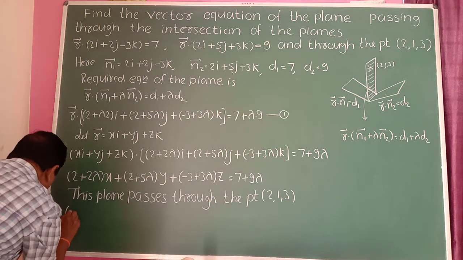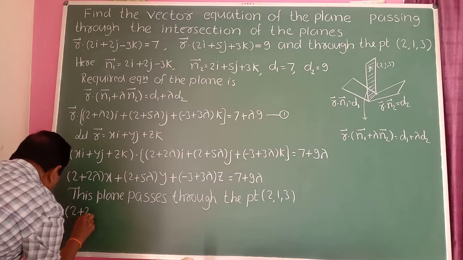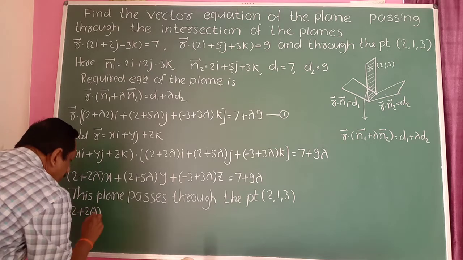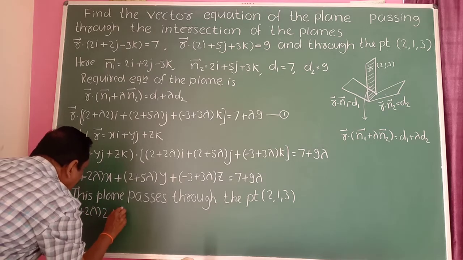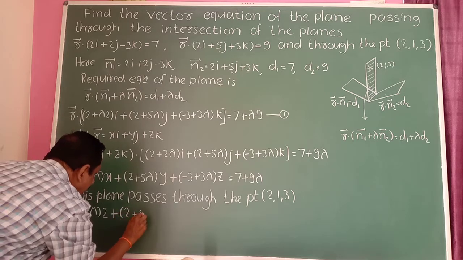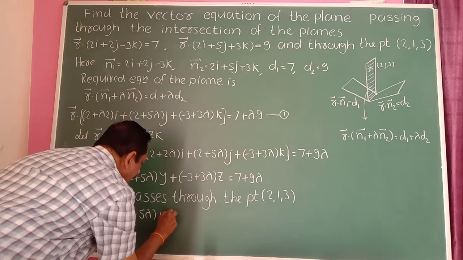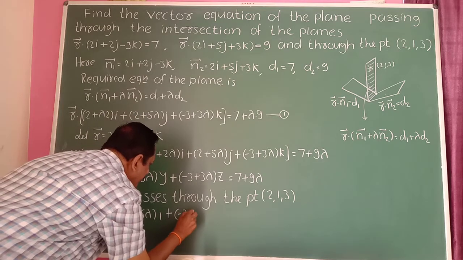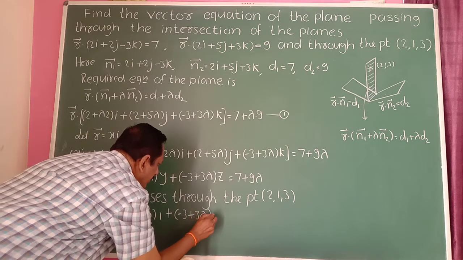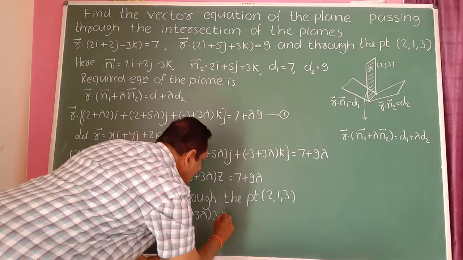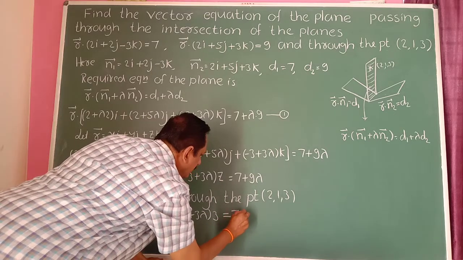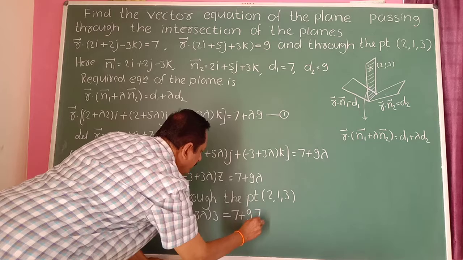So (2 + 2 lambda) into 2, plus (2 + 5 lambda) into 1, plus (-3 + 3 lambda) into 3 is equal to 7 + 9 lambda.